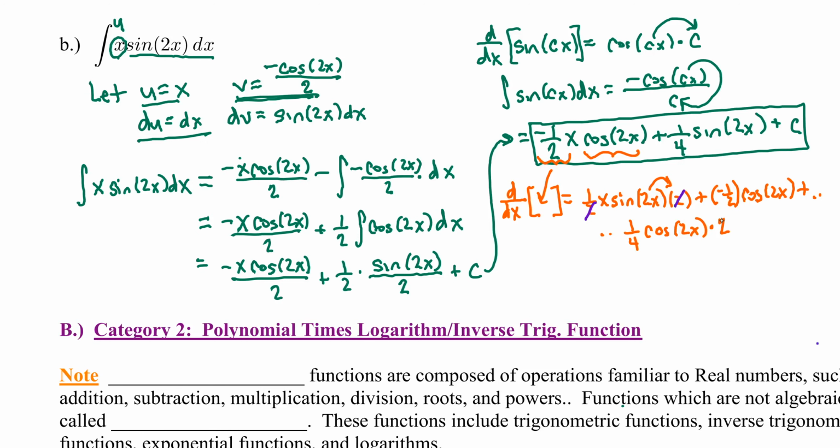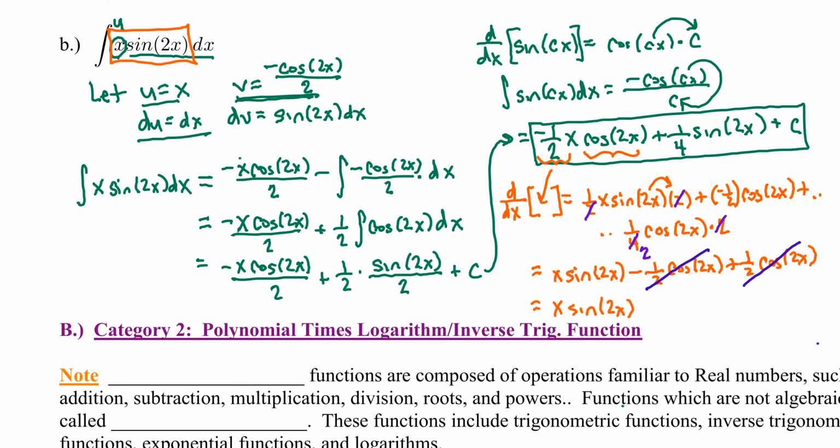Also, on the last term, we could reduce this a bit as well. So we have x sine of 2x minus 1/2 cosine of 2x plus 1/2 cosine of 2x. And clearly, those last two terms cancel. And we have arrived at our original integrand. It matches perfectly, which indicates that the result of our integration by parts formula is correct.